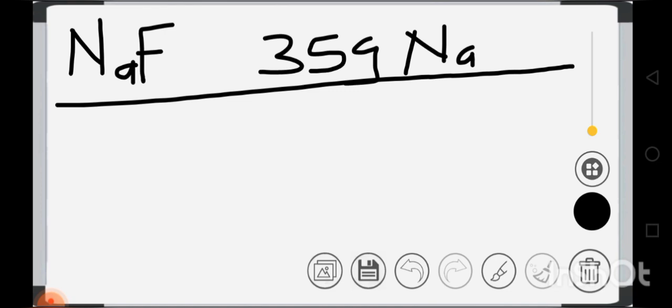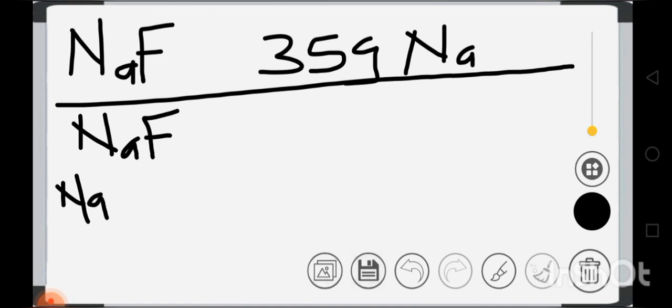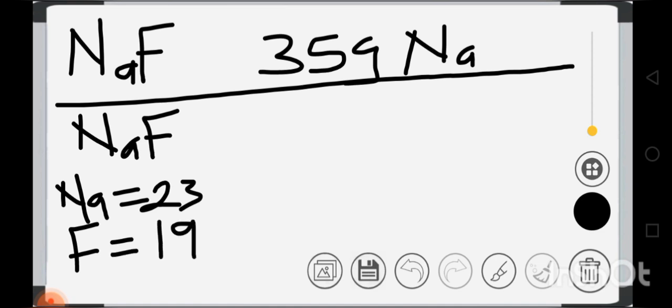Now, sodium fluoride has this molecular formula. And from the periodic table, we know that sodium has atomic mass 23. Then fluorine has atomic mass 19. So that means if we have 23 grams of sodium, both of them are just 1, there's no one having 2 there.